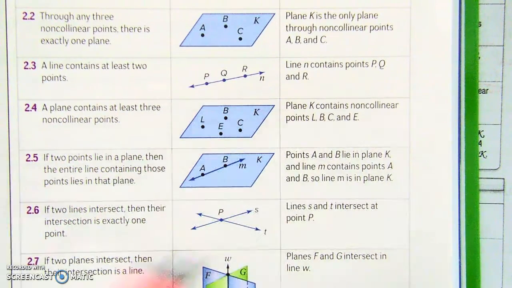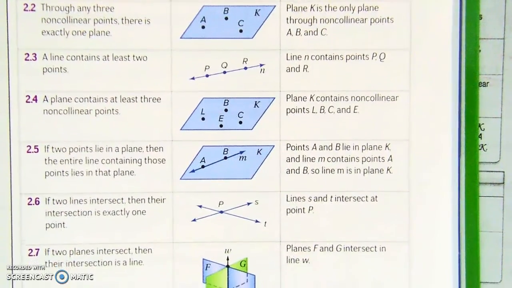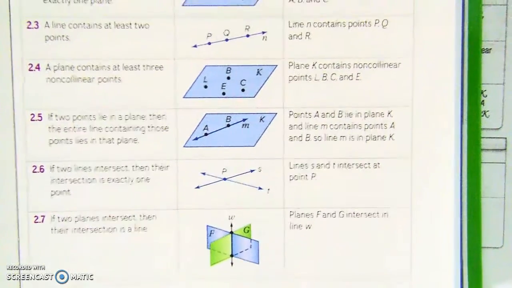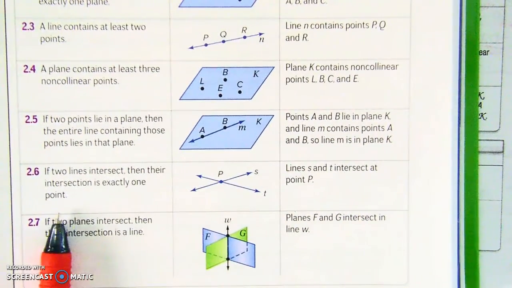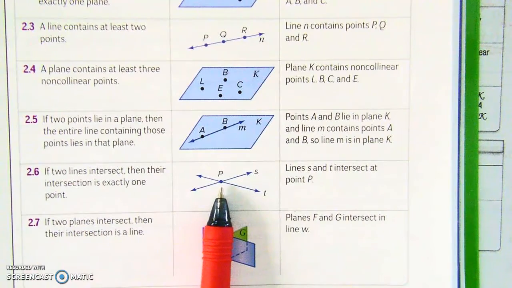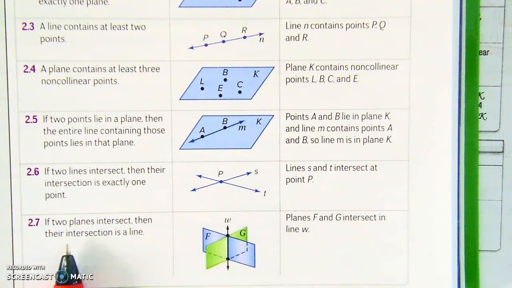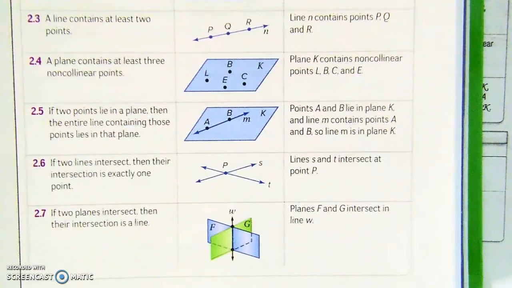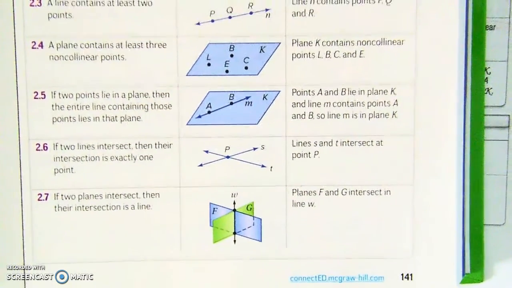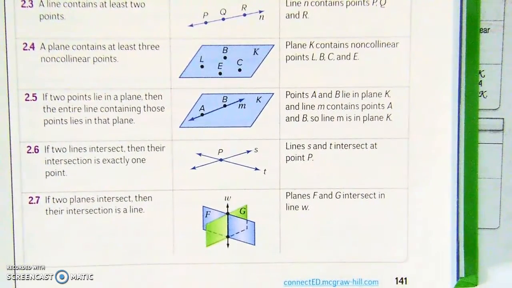Okay. And then postulate 2.6, if 2 lines intersect, their intersection is exactly 1 point. Showing here is what we're talking about. Okay, and then 2.7 shows if 2 planes intersect, then their intersection is a line. So like the corner of the floor to the wall is where we have a line.